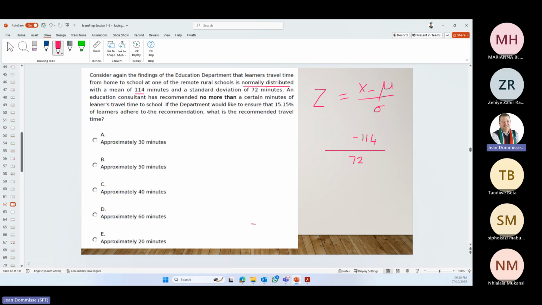An education consultant has recommended no more than a certain minutes of learners' travel time to school. No more than. More than is bigger, so more than.